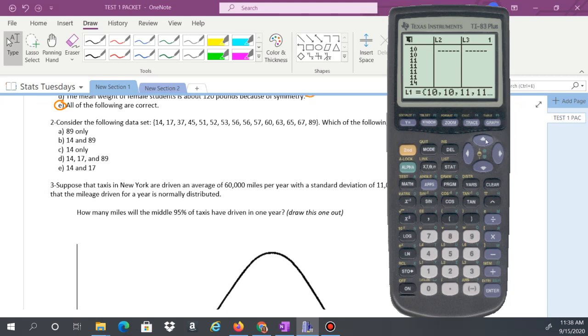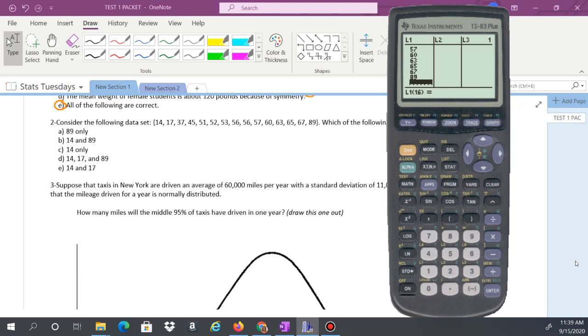I'm going to go up, highlight L1 and clear, enter, and then put this in: 14, 17, 37, 45, 51, 52, 53, 56, 56, 57, 60, 63, 65, 67, 89.